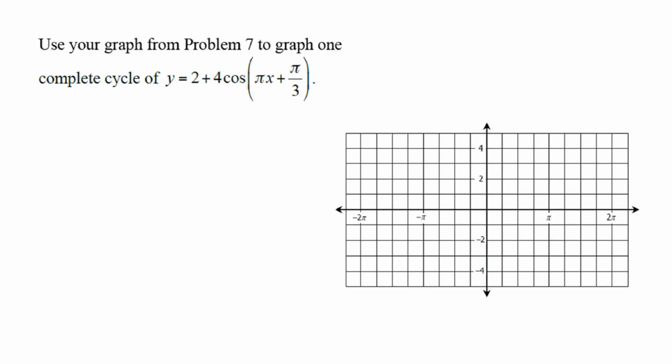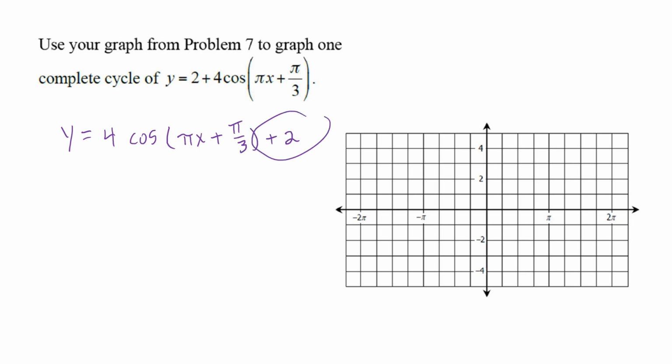So now let's add on a vertical translation. And our vertical translation here is going to be the value that's either added or subtracted. So let's rewrite our equation as y equals 4 cosine pi x plus pi over 3 plus 2.